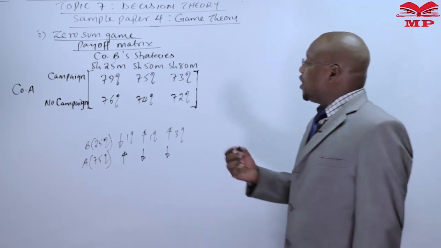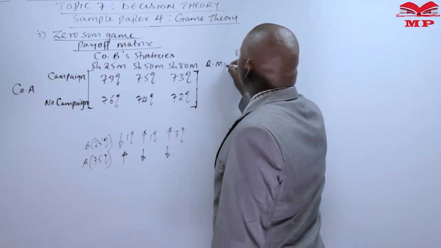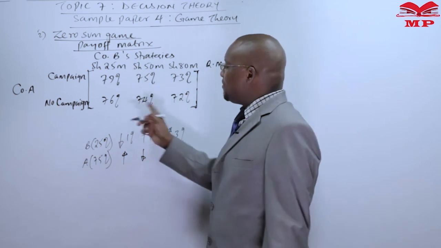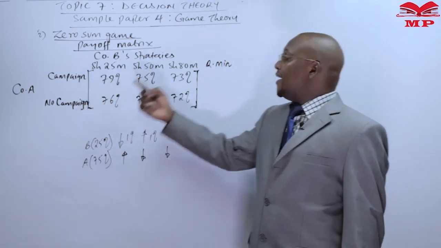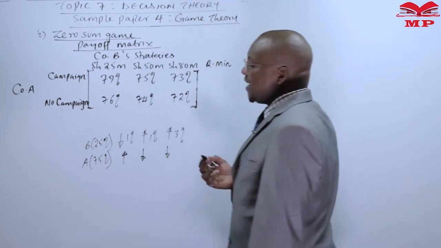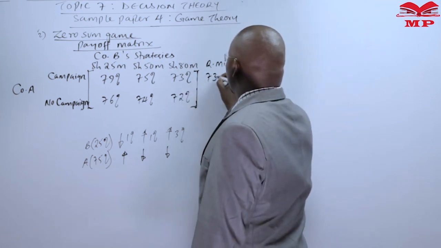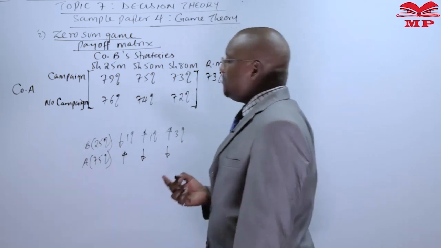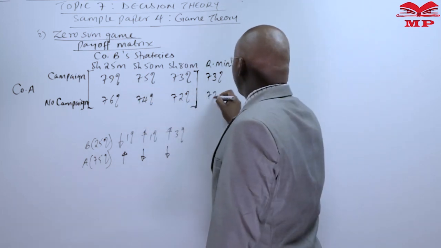And that means we look at the row minimum as these payoffs are gains to company A. So you look at the row minimum. The minimum company A can make if they conduct a campaign is 73%. The minimum company A can make if they don't conduct any campaign is 72%.